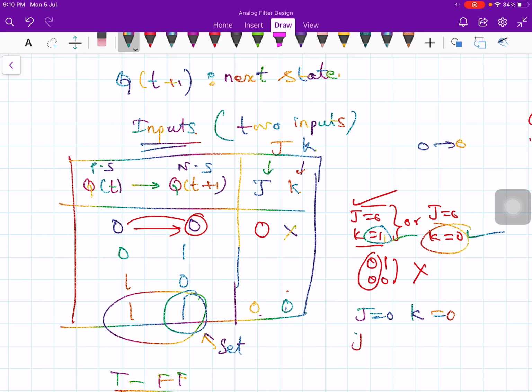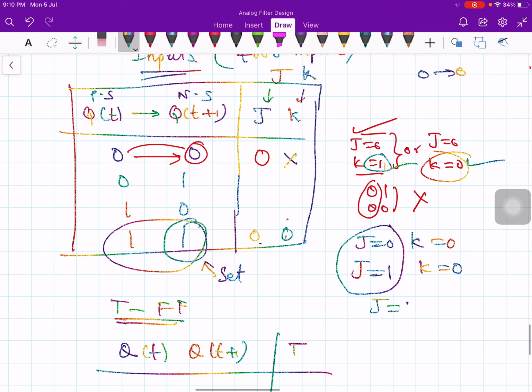Set condition means J is 1 and K is 0, therefore J can be 0 or 1, so J is don't care and K is 0, therefore this is going to be X. Therefore we must keep K at 0 and the J input can be 0 or 1.